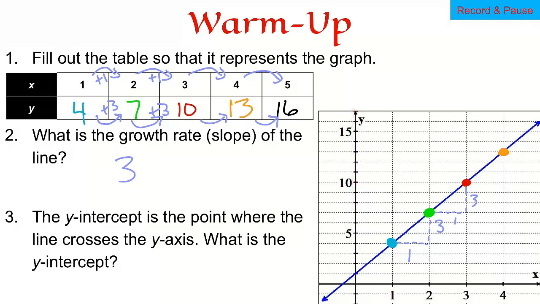The place where that line crosses the y-axis is right here at that point. That point is (0, 1), the x value is 0, the y value is 1. So the y-intercept of the line is (0, 1). It's a point. Are there any questions on the warm-up? Any parts of it?